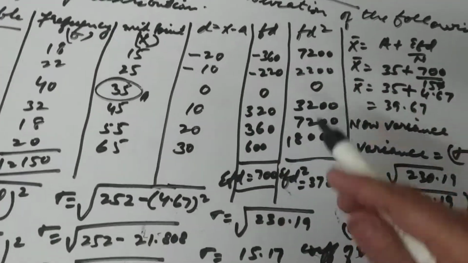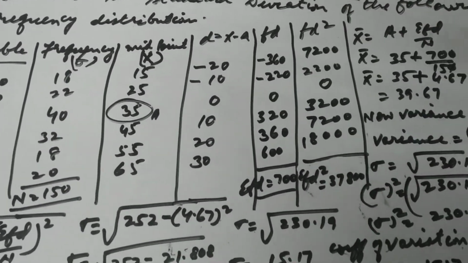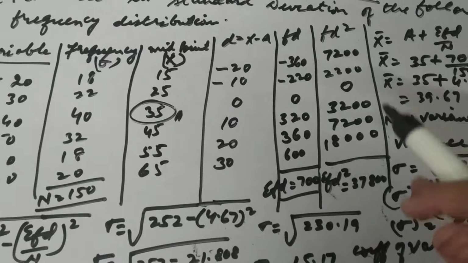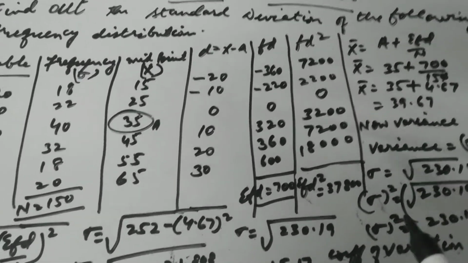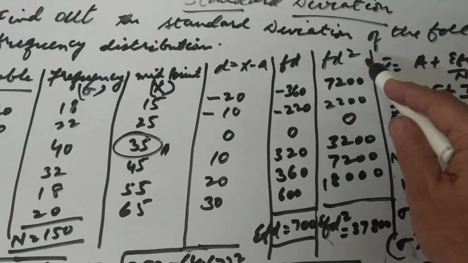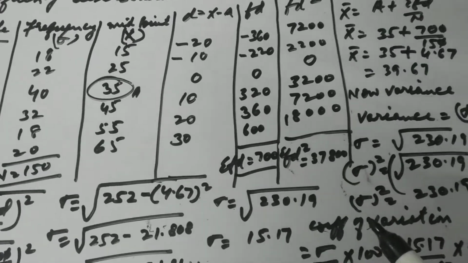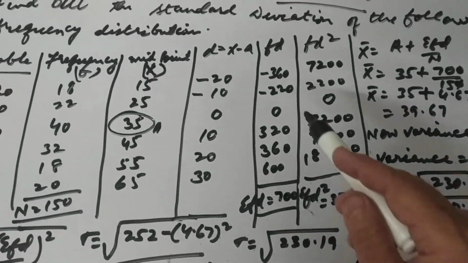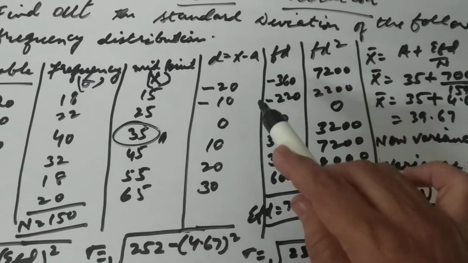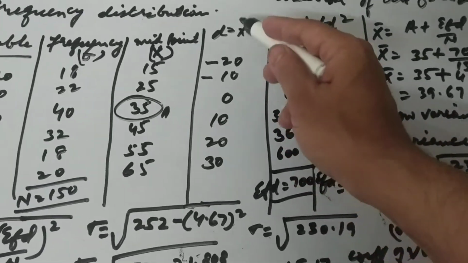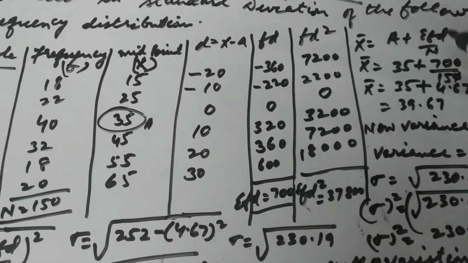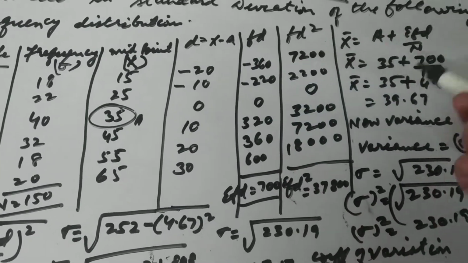Now this is a calculation part, I'm just discussing how we calculate. The calculation part is to be taken care of by you. Now there is another feature which is adding up, which is FD square. Now how do you get this FD square? Actually this is F into D square. Either you do that, so here you can create a column of D square, and with the help of that you can do it.